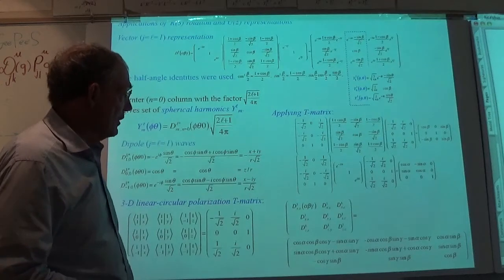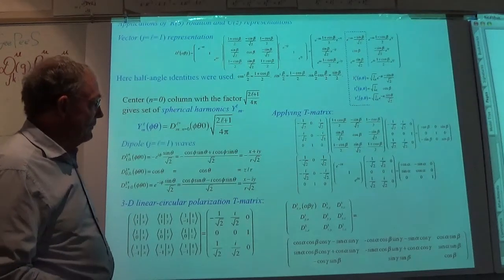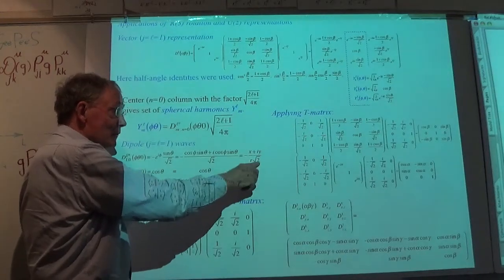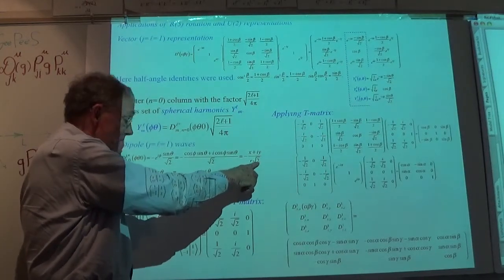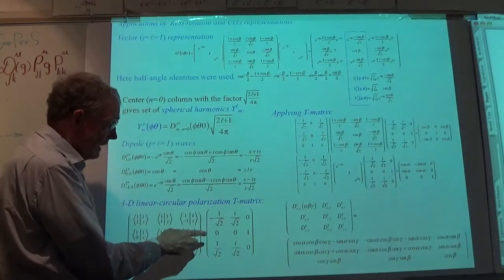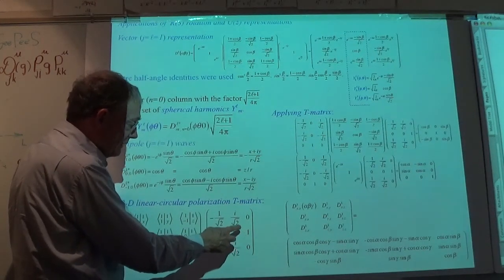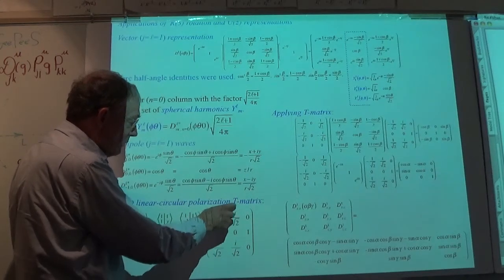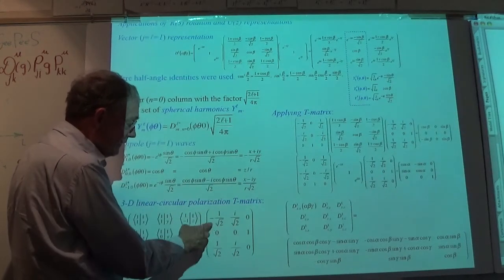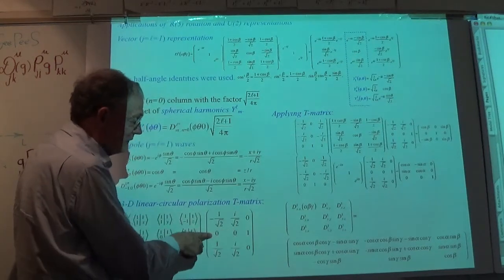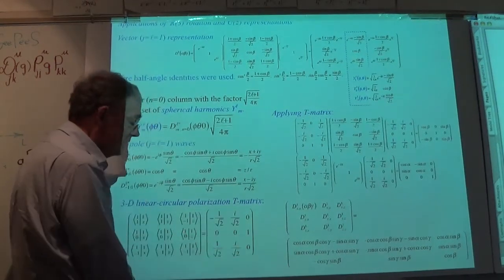But basically, when I recognize in this that I have x plus iy over the square root of 2, then that's what I write. You see, I go reading the thing x, y, z. That's basically what it comes down to. Here's just z by itself, either way.